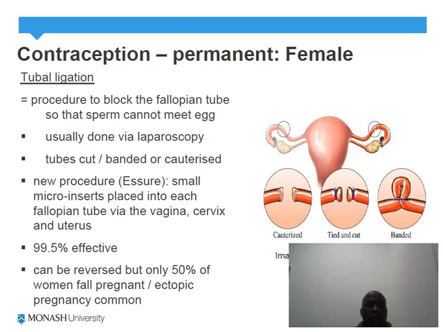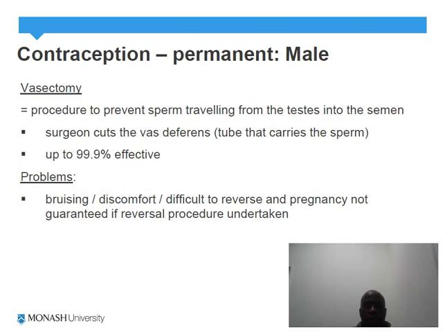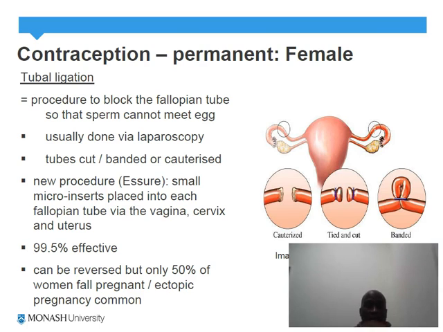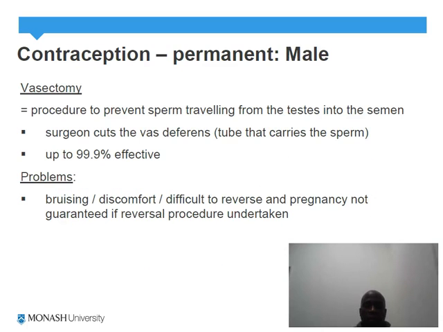There's a 99.5% success in such a procedure. It can be reversed but only 50% of the women fall pregnant once reversed. And in such women, usually they experience what we call ectopic pregnancy. This is a pregnancy that develops in the fallopian tubes.